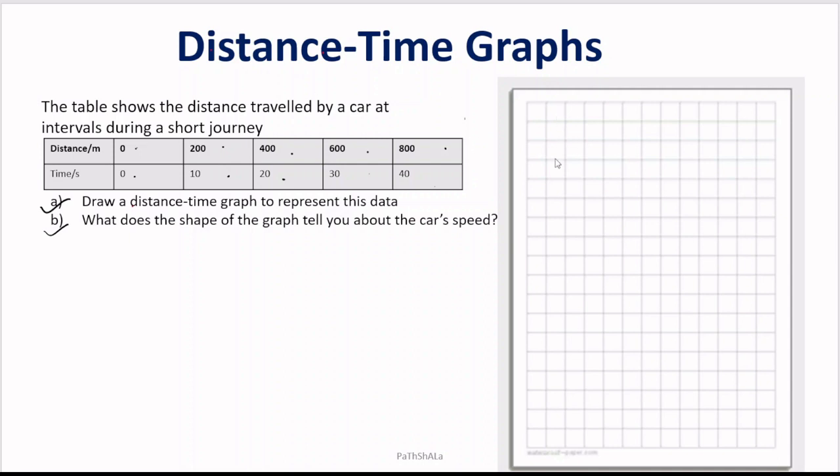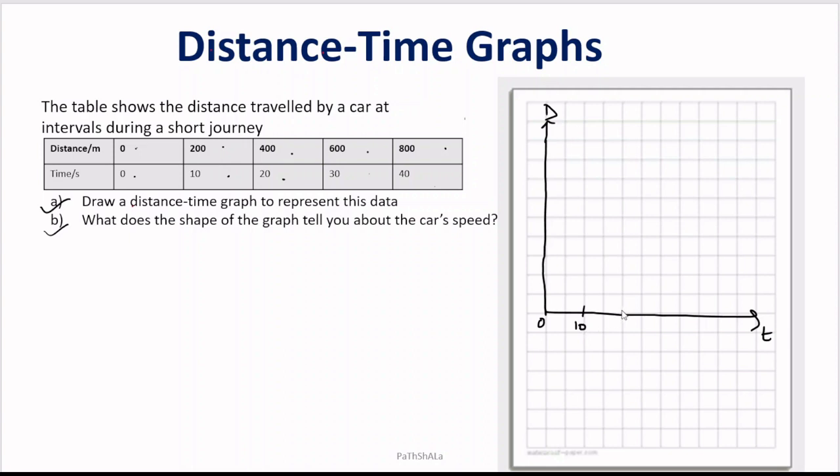So let's plot this graph first. Let's draw our axes. This is the y-axis, and this is our time axis. So this is time, and let's say this is distance, and this is 0. Let's choose a scale. Here the scale can be simple. Let's take the time as 10, 20, 30 and 40.